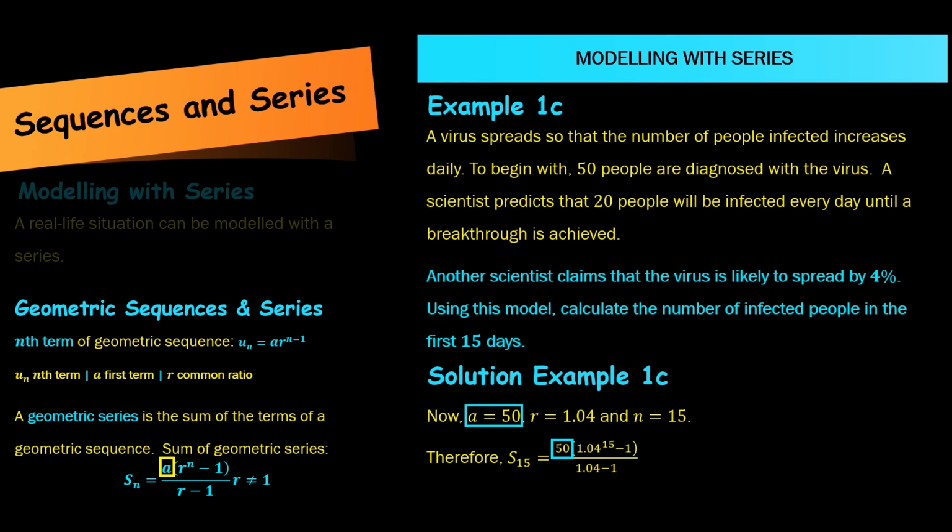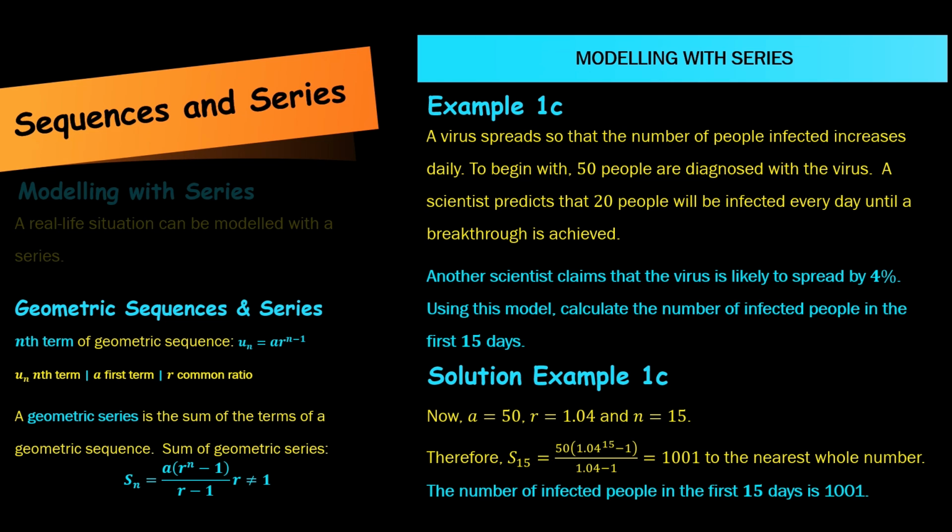So a equals 50 goes here, r equals 1.04 goes here, and n equals 15 goes here. And we find that S subscript 15 is equal to 1001 to the nearest whole number. Therefore, the number of people infected in the first 15 days is 1001.